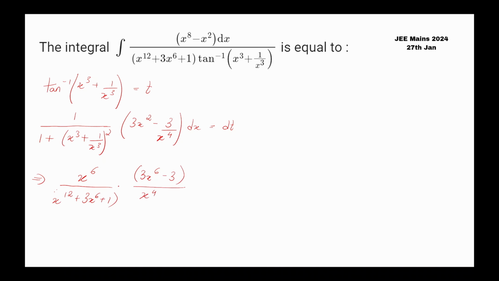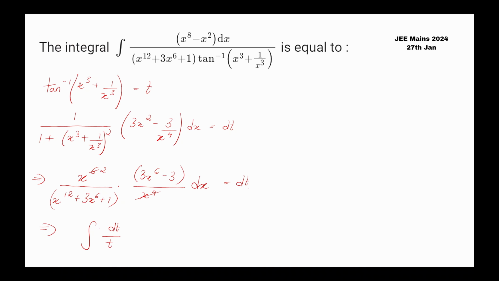So this is what we are getting. This dx is equal to dt. So from here, of course, if I cancel this x to the power 4, this would cancel out twice. And if I cross multiply it, I can take 3 common. I would have x to the power 8 minus x square. That is exactly what we have in our numerator. So this would ultimately transform into dt by t. This is what I'm getting.